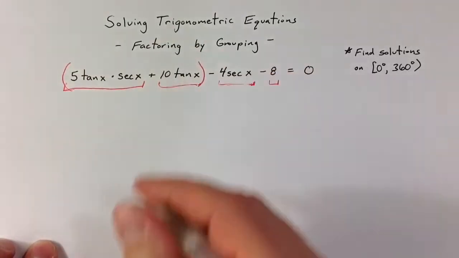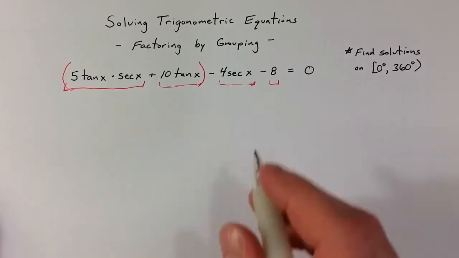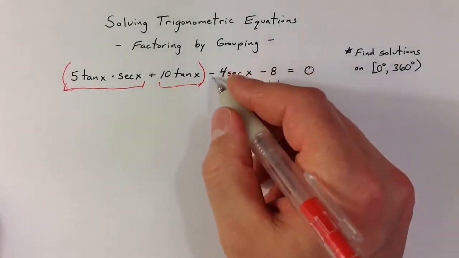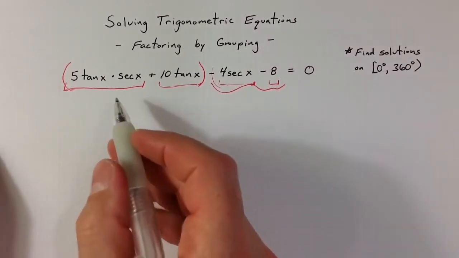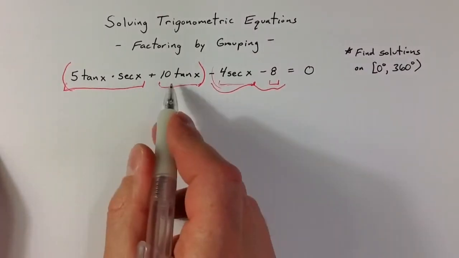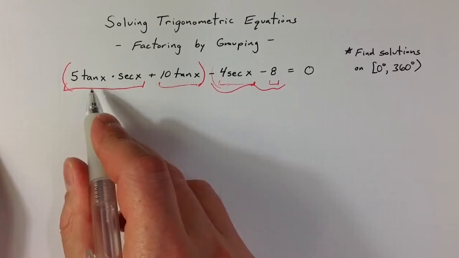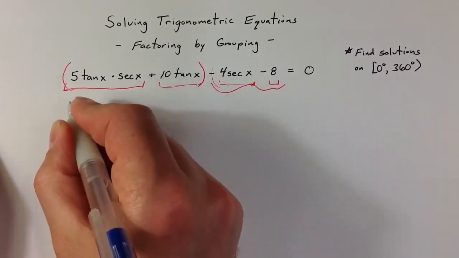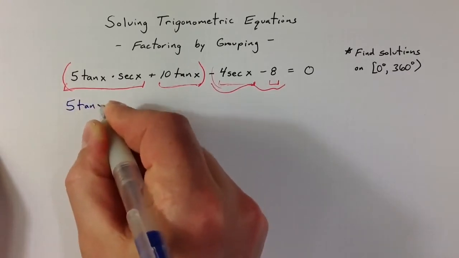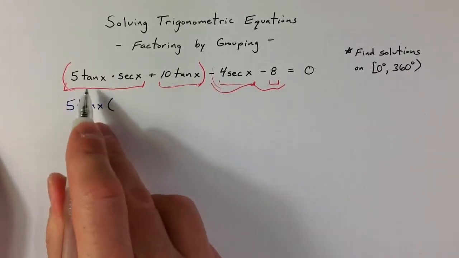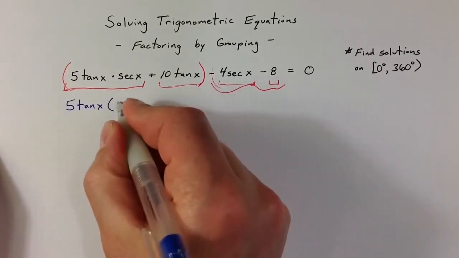If I take the first group, I can think about the common factors there and pull them out, and I can do the same with the second group. So let's see what that looks like. From the first two terms, tangent is a common factor, and so is 5. So I get 5 times tangent of x, and what's left behind from the first term is secant of x.